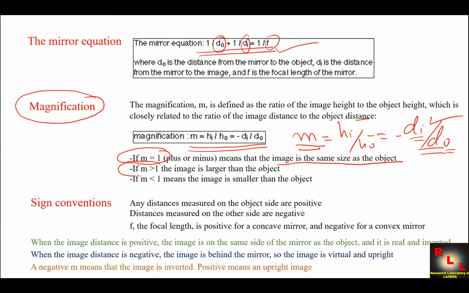If M is greater than 1, it means the image is larger than the object. It's magnifying. If M is less than 1, it means the image is smaller than the object. It's not magnifying.